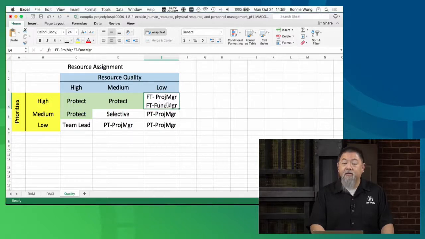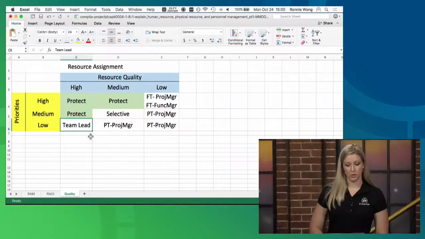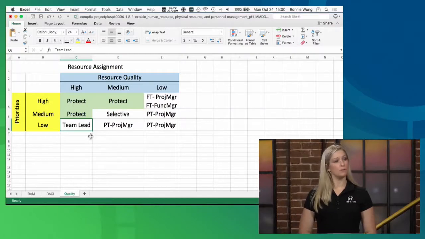But it may not be that they are dedicated to that one project. Full-time here means full-time, but they could be managing multiple projects at the same time, though they're considered full-time resources. Same thing on medium and low, it's going to be part-time, low and low, of course, part-time, and then you start seeing this. So Ronnie, would that go to our over-allocation for those two full-times? Yeah, it would.